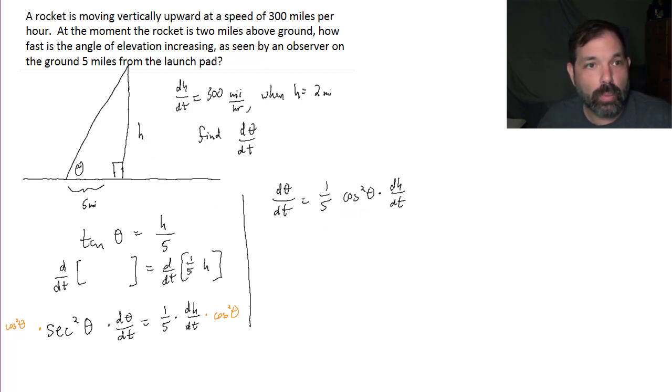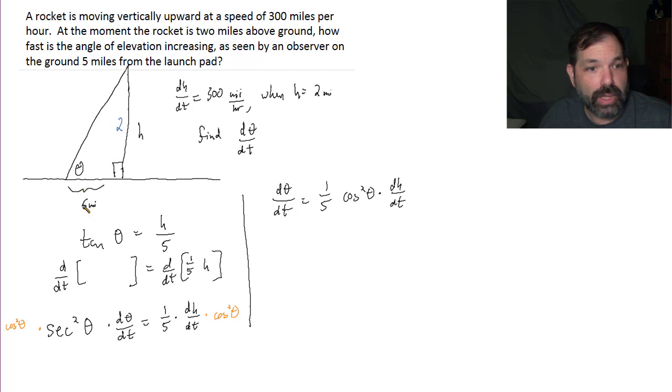Well, at that moment, when h is 2, if I think of cosine theta, cosine is the adjacent over the hypotenuse. So I need the hypotenuse. Apply the Pythagorean theorem.